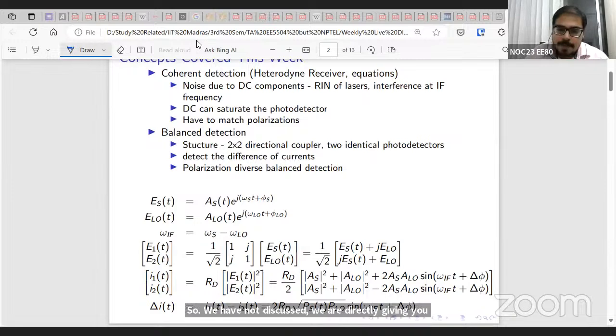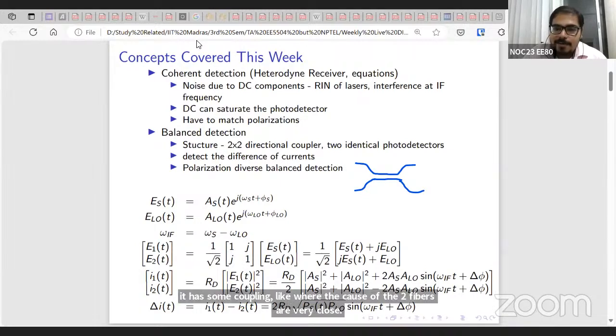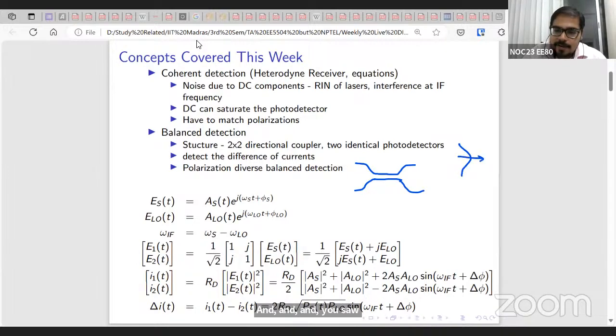But for example, a directional coupler has some coupling region where the cores of the two fibers are very close, and the evanescent fields, where you saw the mode profile, the amplitude of it is falling exponentially outside the core. That part overlaps with the other core, and that induces an electric field in the other core.